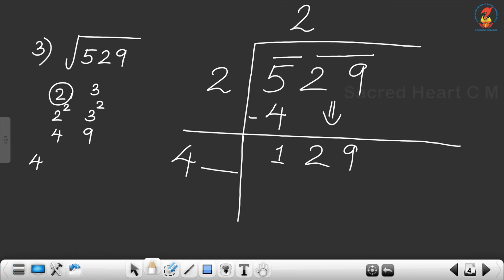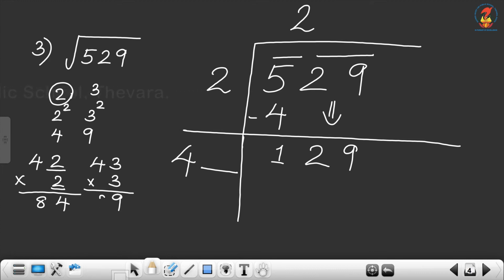Suppose you take the new digit as 2, then 42 into 2. This is the new digit and this will be the digit in the quotient. So 42 into 2, 2 2s are 4, you will get 84. Suppose you take the new digit as 3, then 43 into 3, 3 3s are 9, 3 4s are 12, 129.